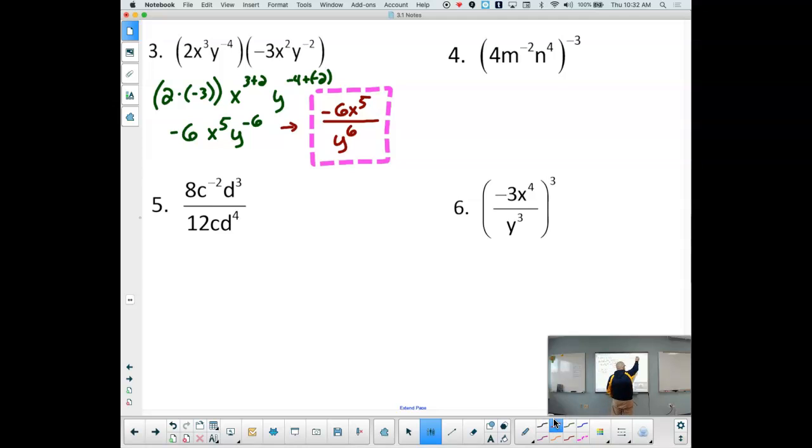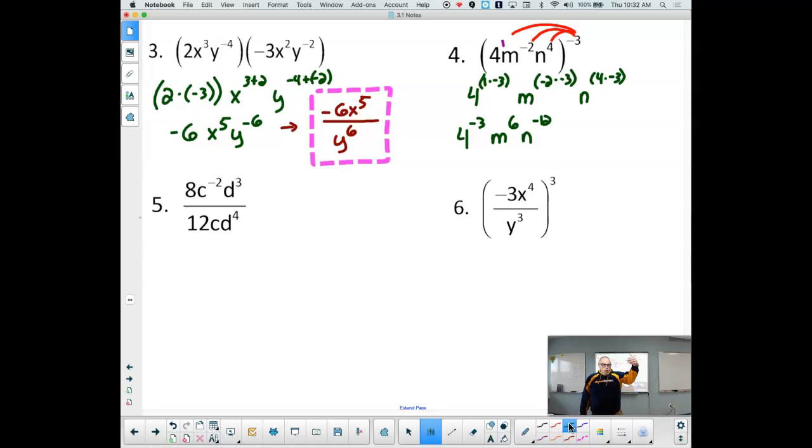This negative 3 exponent needs to go into all 3 spots here. Okay. So that's going to become 4 to the 1 times negative 3 power, m to the negative 2 times negative 3 power, n to the 4 times negative 3 power. That's going to be 4 to the negative 3 power, m to the positive 6th power, n to the negative 12th power.